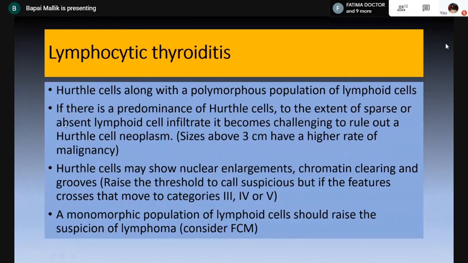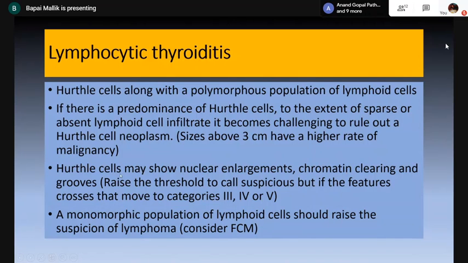So the picture: the Hürthle cells usually show a polymorphous population of lymphoid cells. If there is a predominance of Hürthle cells to the extent of sparse or absent lymphoid cell infiltrate, it becomes challenging to rule out a Hürthle cell neoplasm. It has been said that sizes above 3 centimeters have a higher risk of malignancy. So that's very important. The Hürthle cells may show nuclear enlargement, chromatin clearing and grooves.